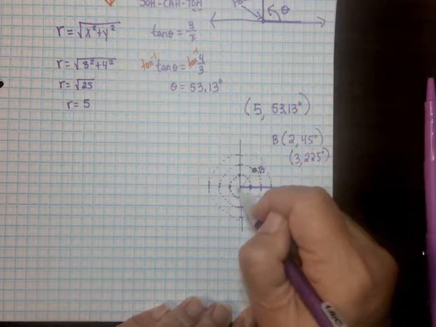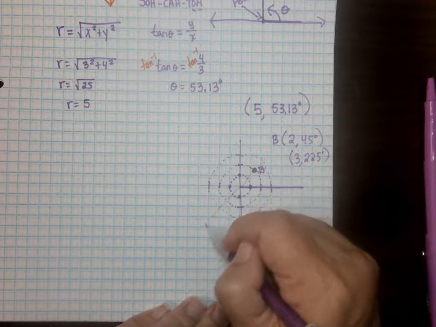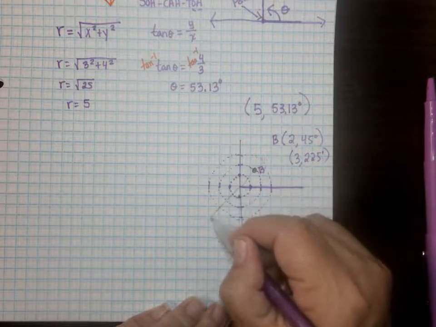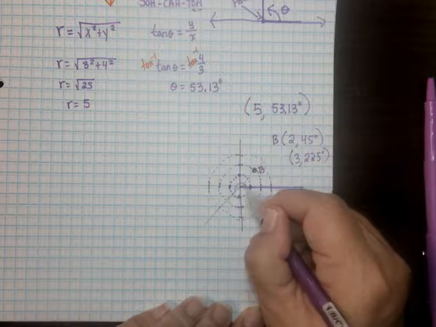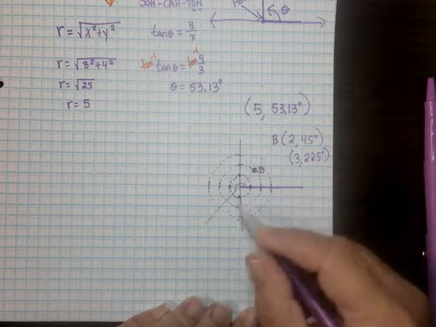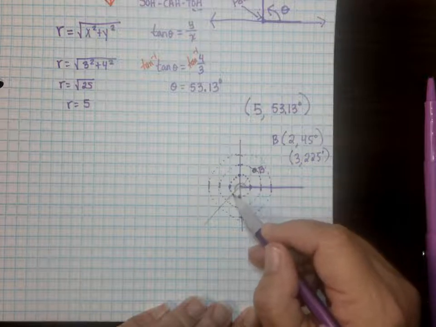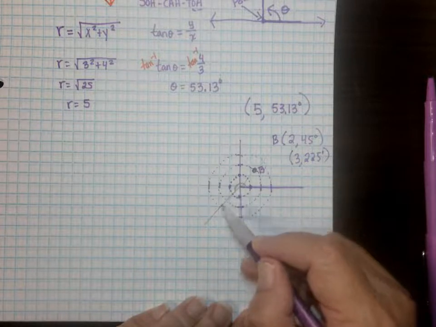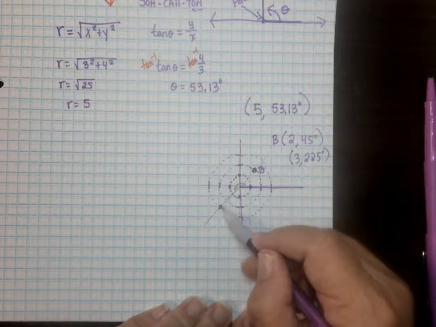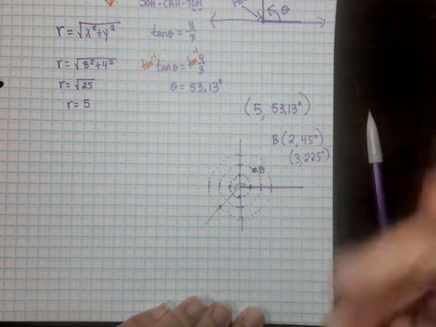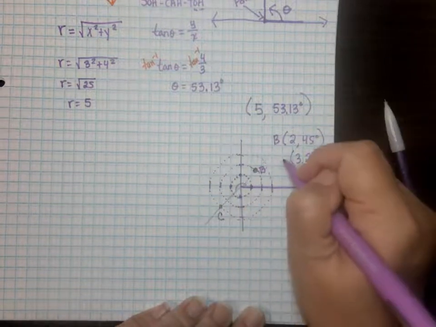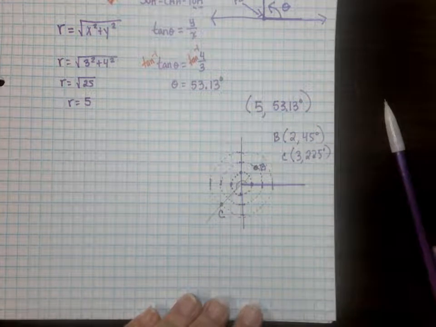So we're going out this way. This direction, so the 225 gives you your direction, and then how far out are you? You're out a radius of 3. 1, 2, 3. So if this is point C, it would be like that.